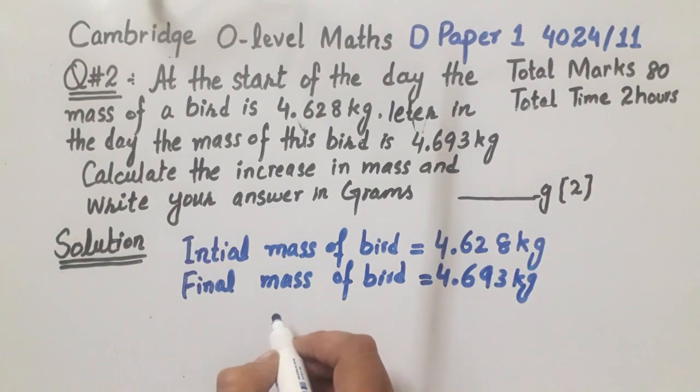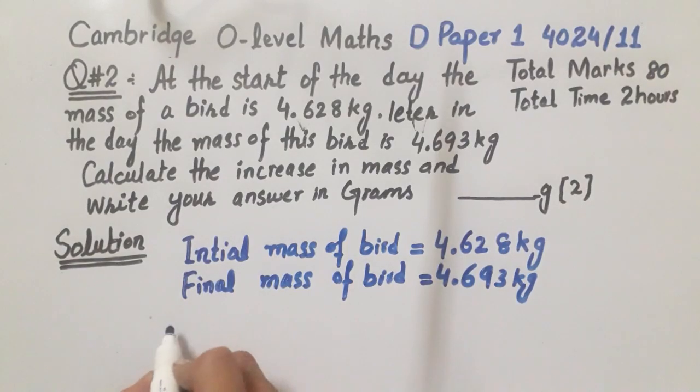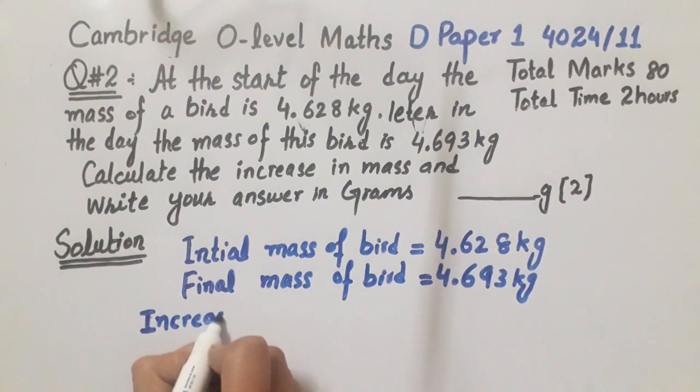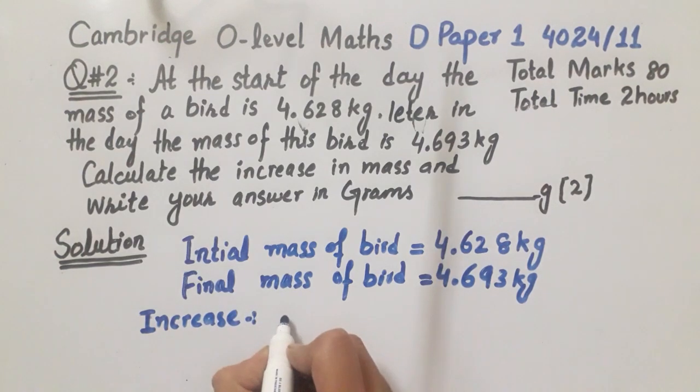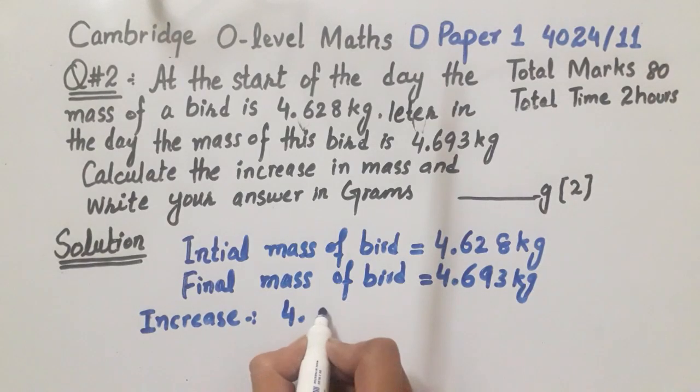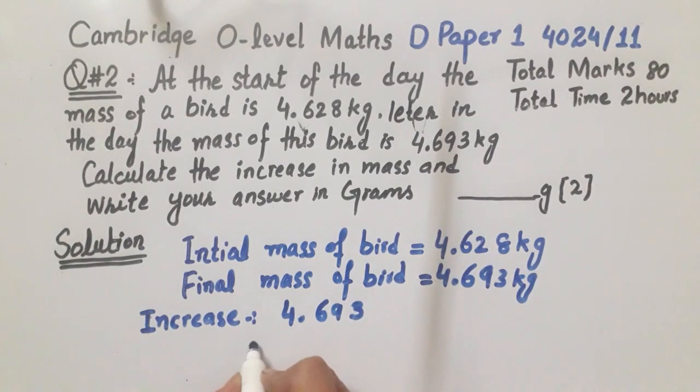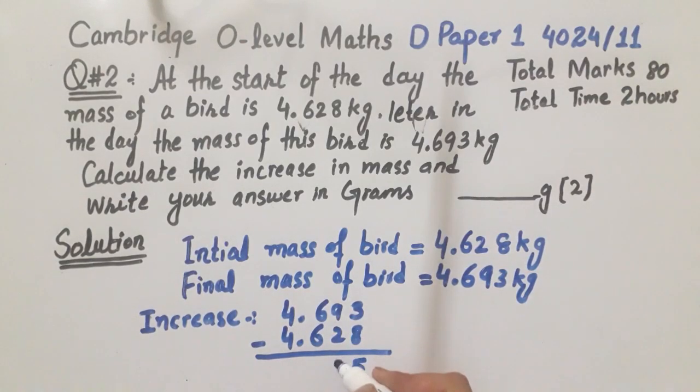Now we have to find the increase in mass. So to find the increase, we will subtract the initial mass from the final mass. So 4.693 minus 4.628. So you will get 5 and then 6. You will get 0.065 kg.